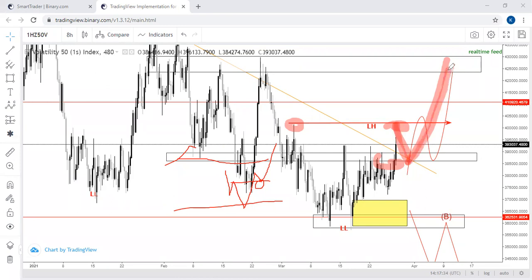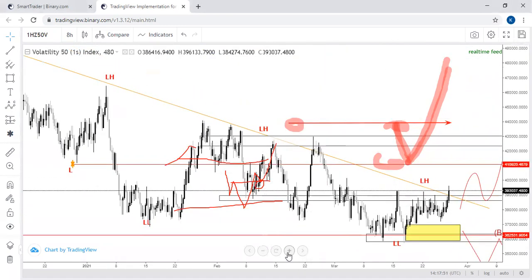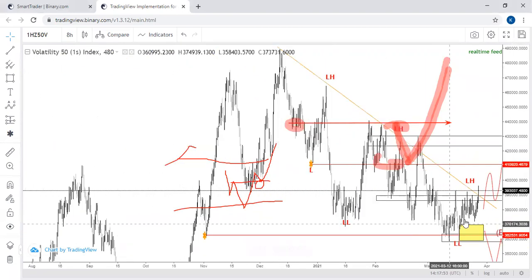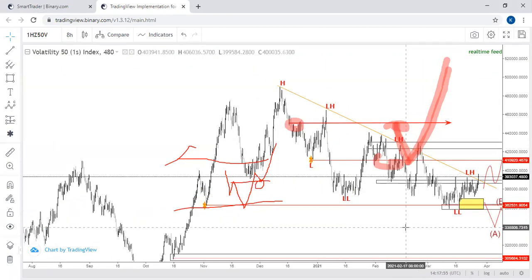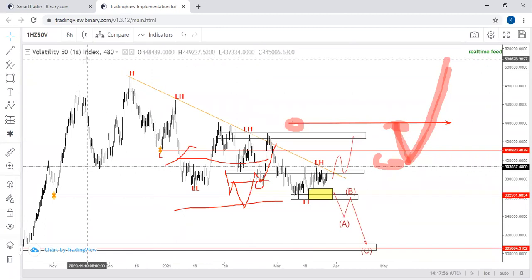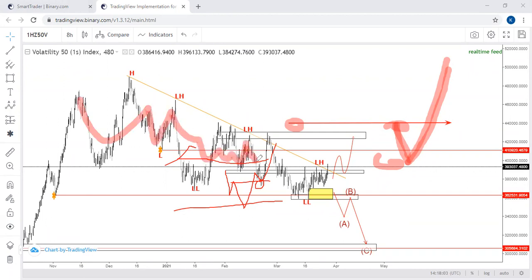Recently, if you are looking for opportunity on the V50 wonders, I would advise you to look for buying opportunities, because looking at the weekly time frame, we are expecting price to consume all this swing low here. All this happening here is just a retracement. When price is trying to retrace, we have strong lows.